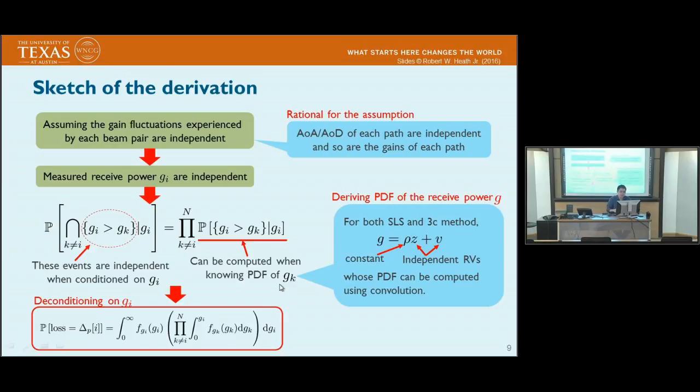This is a sketch of the derivation of the probabilities of misalignment. One main assumption that we use here is that the gain fluctuations experienced by all the different beams are independent. The rationale is that the AOA and AOD of each path are independent, and so the gains of each path should be independent.